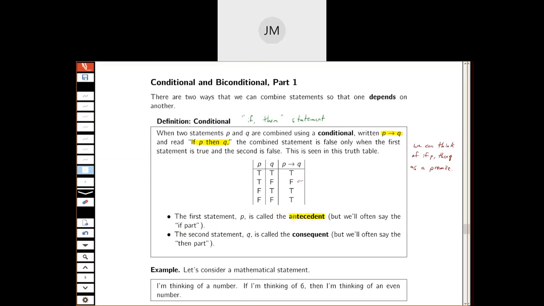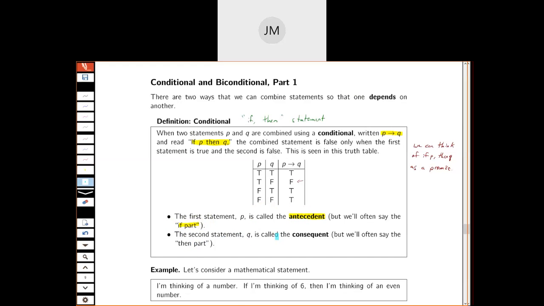Our goal with introducing the language is to keep things clear so we know what we're referring to. It's not to make things more confusing by adding other words. So sometimes I'll often just say the if part to help keep clear what it is, but antecedent is the official term for it.